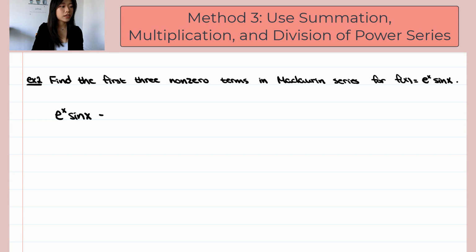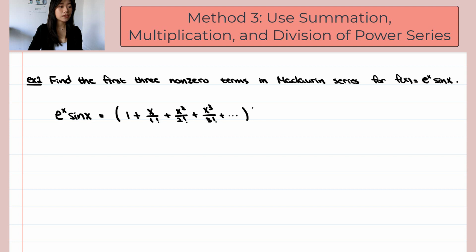We know the Maclaurin series for e to the power of x. If we write out the first few terms, we have 1 plus x divided by 1 factorial plus x squared divided by 2 factorial plus x cubed divided by 3 factorial, and so on. And we also know the Maclaurin series for sine of x.